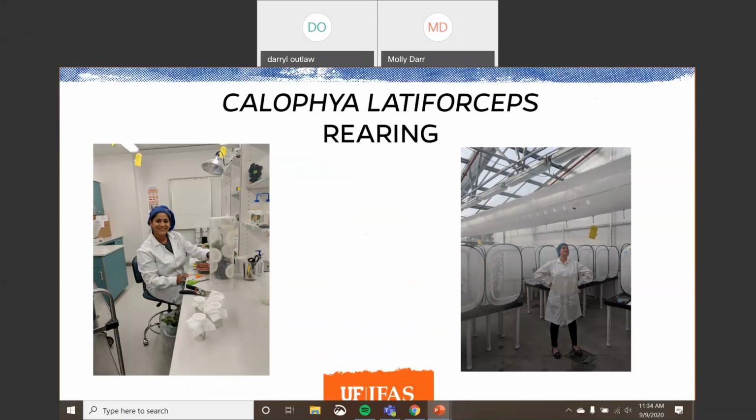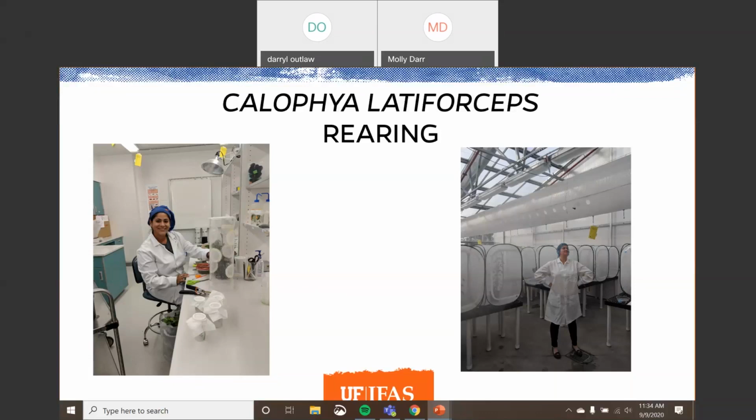We have to collect these insects in the summer months because that is when they're most numerous and at the right stage for us. So the summer months in Brazil, usually November to January, are the best for these guys. If we are able to go down to Brazil in November to January, we can establish a colony in my lab, which is going to take about 2 to 3 months.